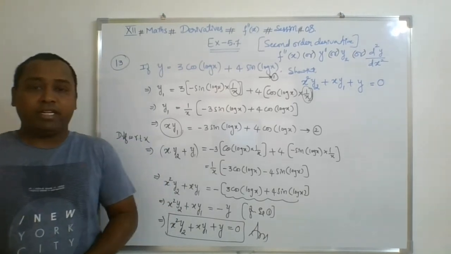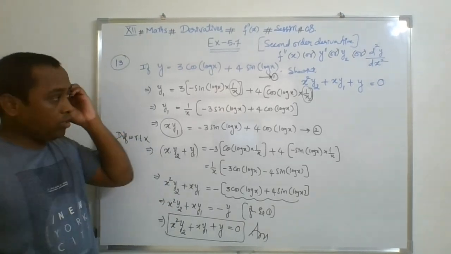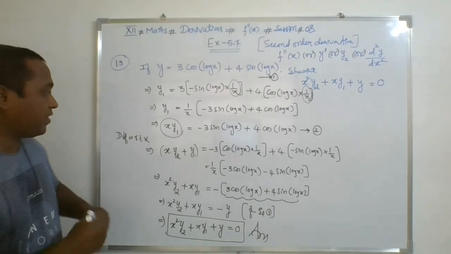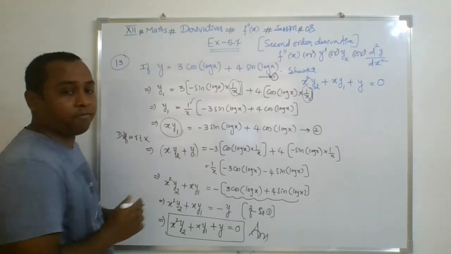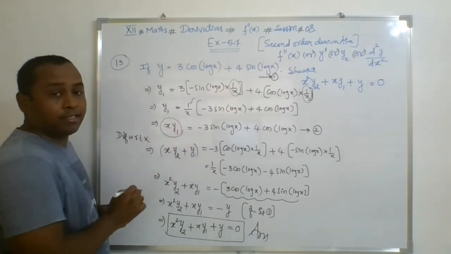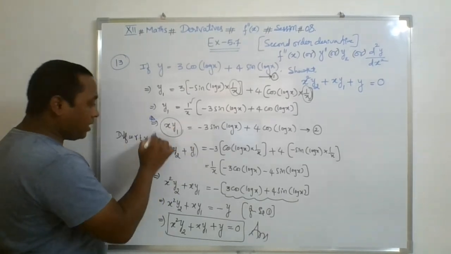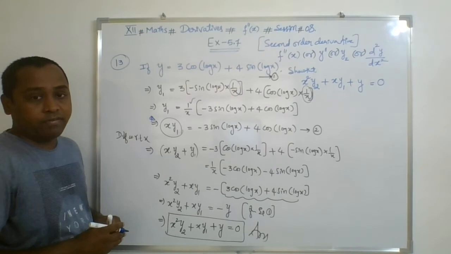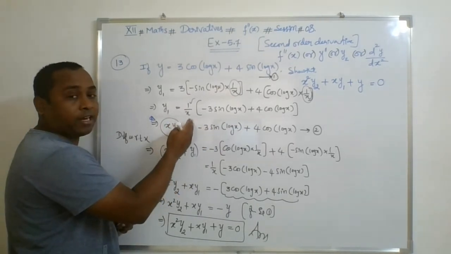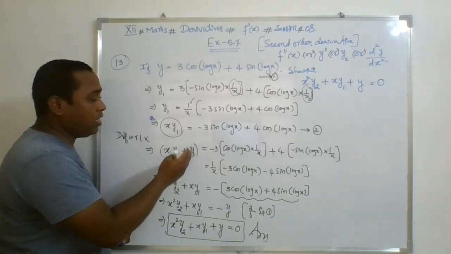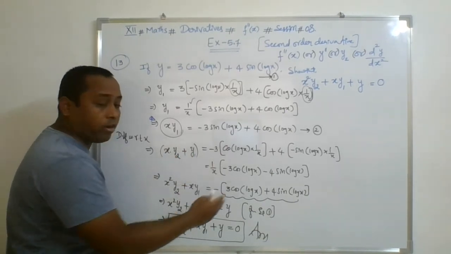How simple it looks. If we are not using these tricks, just like I have taken 1 by x as a common factor, then I took x in multiplication, then I go for the second order derivative. Because of taking this common factor, it reduced to the simplest one where I can do the second order derivative.